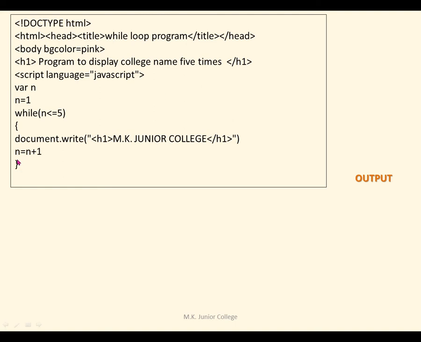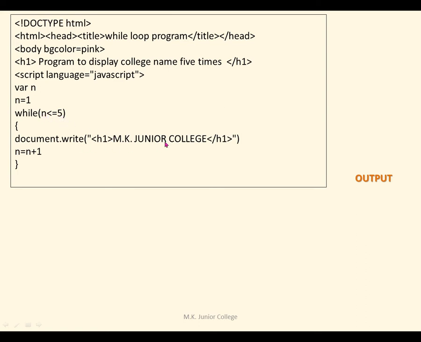Here you close your block. This block increases the counter, and it goes back to the while loop. 2 is less than or equal to 5, so the answer is yes. It will print your college name again, and you increase your counter by 1, so 2 plus 1 is 3. Again it checks 3 is less than 5, so yes.